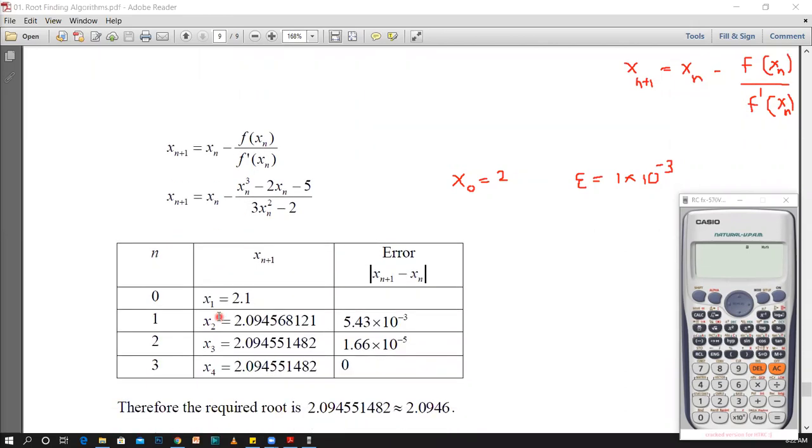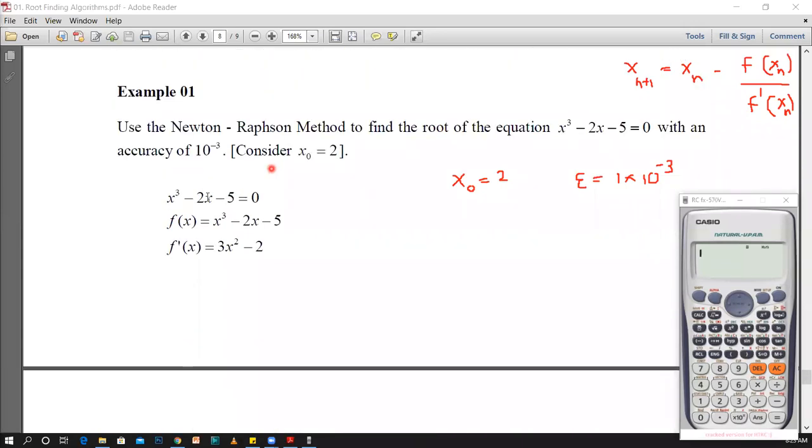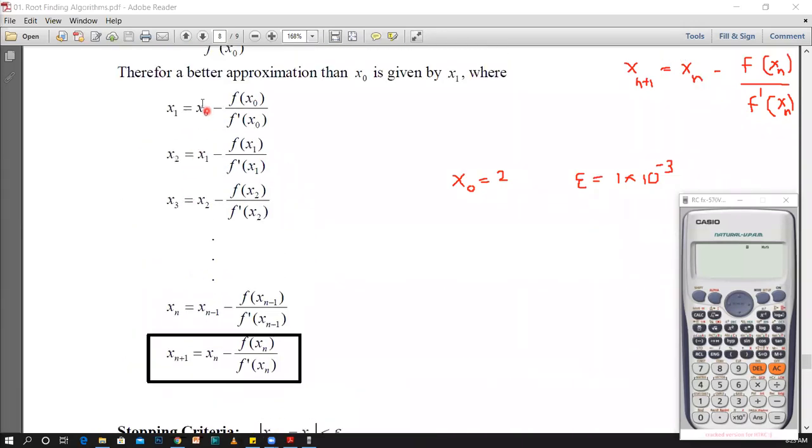Therefore, we can now go for the iterative method. If you are going for the iterative method, then you have to again create a table. In the first column, we show the iteration number, and then we can obtain the value for x_{n+1}. Here we set n as 0 because we are using x naught to obtain the value for x_{n+1}.